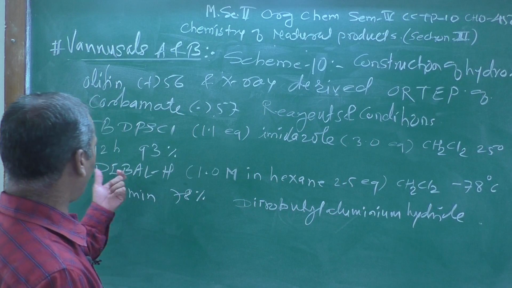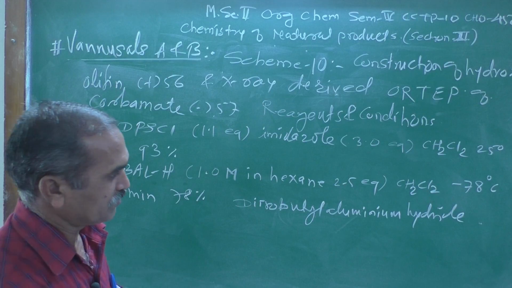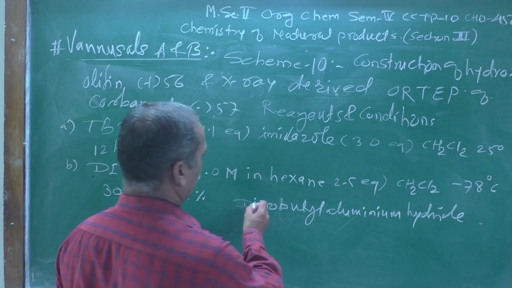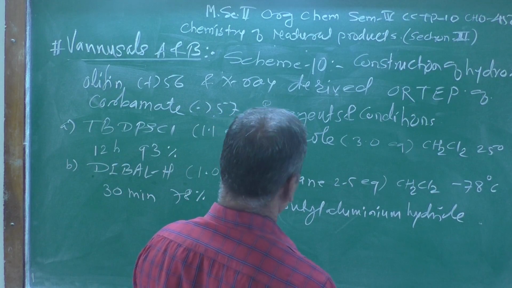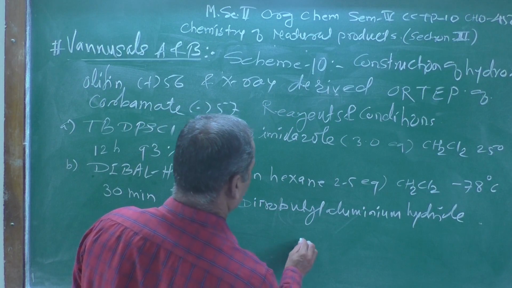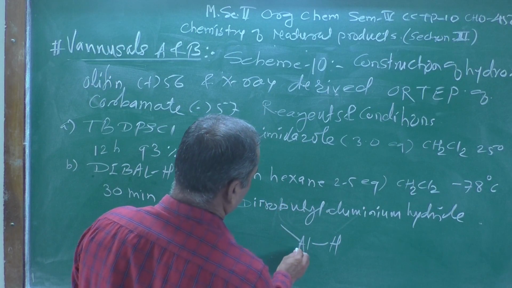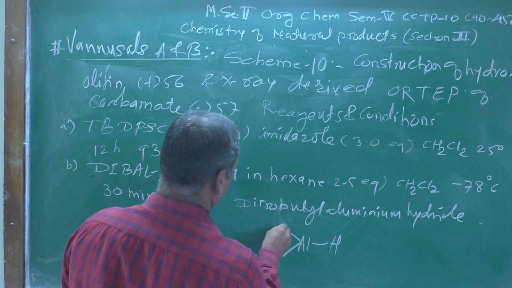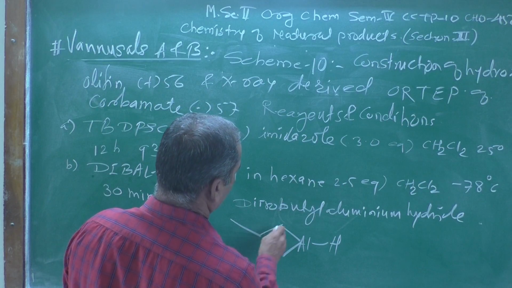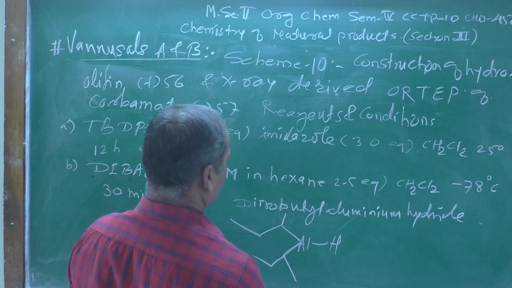The full form of DIBAL is diisobutyl aluminum hydride, H stands for hydride. If you see the structure of diisobutyl aluminum hydride, it will be like this. Aluminum hydride we can write over here. Di means there are these two, we can write like this.